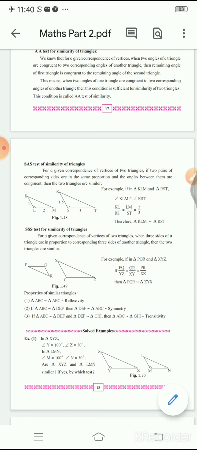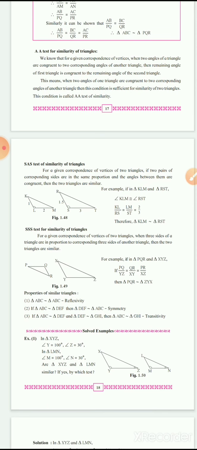Here KL upon RS is equal to LM upon ST is equal to 2 upon 3, means the two pairs of corresponding sides are in the same proportion and the angles between them, angle KLM and angle RST, are congruent.